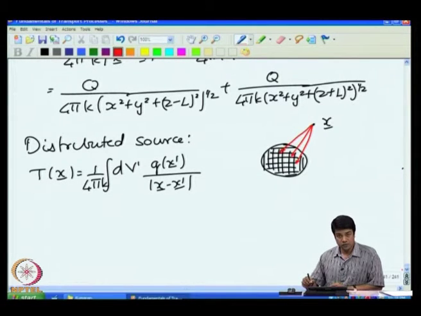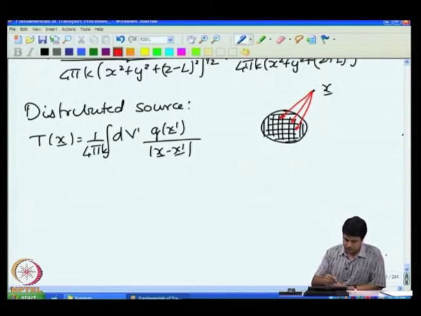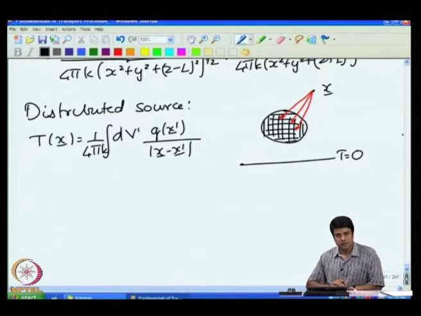And then I showed you if I have a wall with temperature 0 near a point source, I can get the solution by taking an image of that point source at the wall. It is called the method of images. So, if I have a wall with temperature T is equal to 0 and I have a point source at a given location, then I just need to add up the contributions due to the point source as well as due to its image.